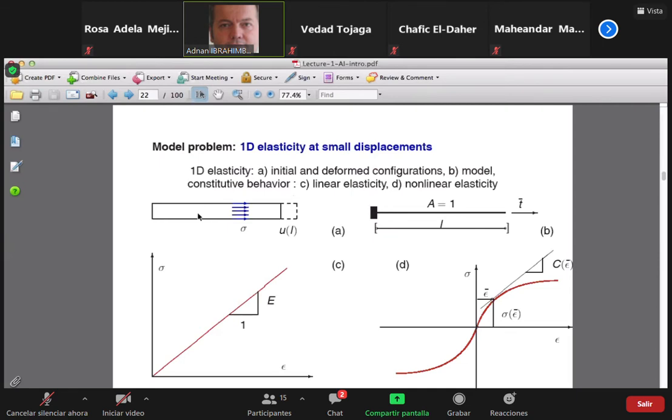For linear elasticity, this is a body which is loaded in the direction of its axis, so that I can provide a one-dimensional model of this body, and I can study how the free end displacement behaves under the imposed force T bar. For the linear elasticity case, we already said that there is going to be a factor of proportionality, so 2 times bigger force will produce 2 times bigger displacement, and for nonlinear elasticity, that's not necessarily the case, and we'll see how we deal with such a problem as well.